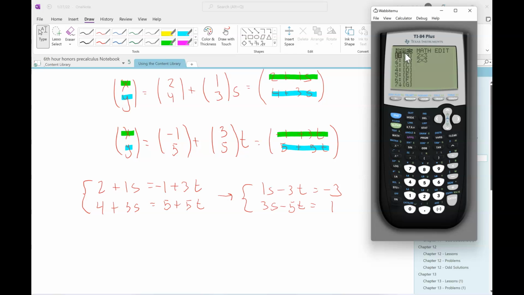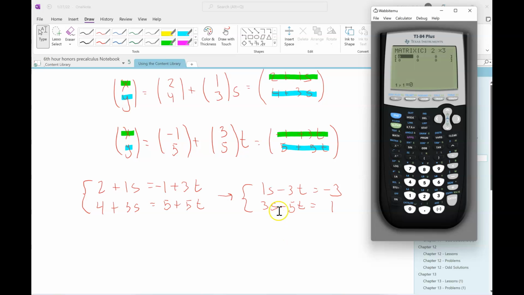To enter a matrix into my calculator, I'm going to move over to the Edit tab, and I'm going to select a matrix. I'm going to use matrix C for us. The first thing I need to do is assign a dimension to my matrix. So my system here has 2 rows, and I'm going to need a column for the s's, a column for the t's, and a column for the constant that it equals. So I'm going to need 3 columns.